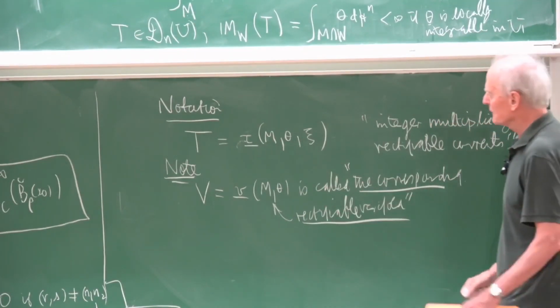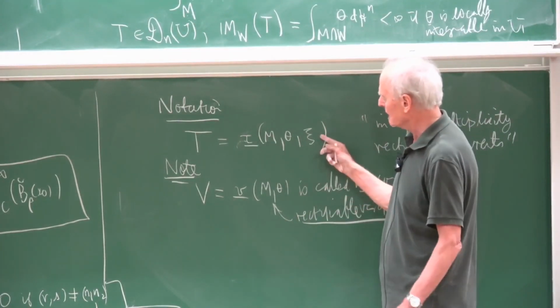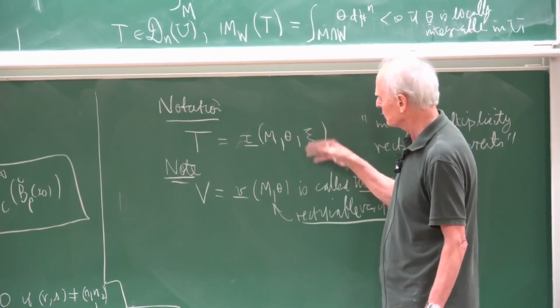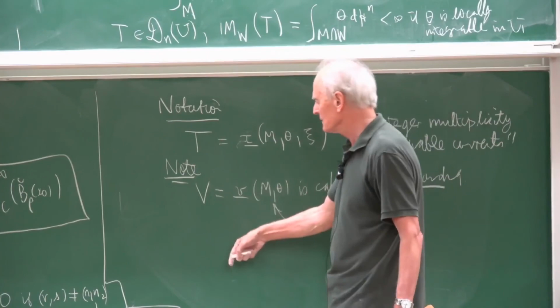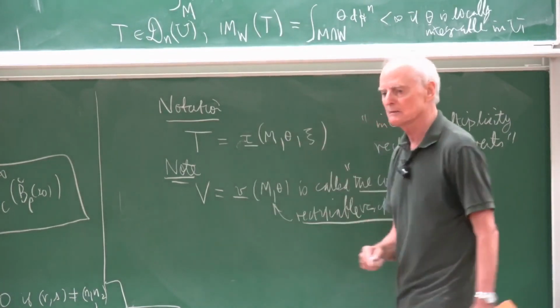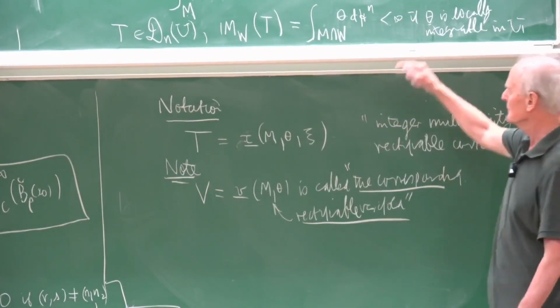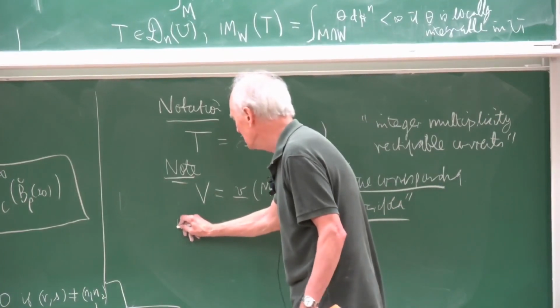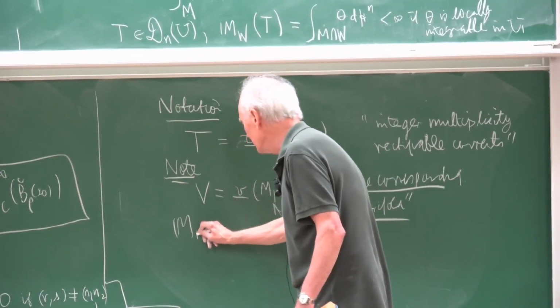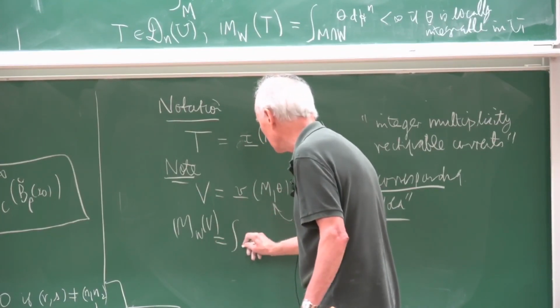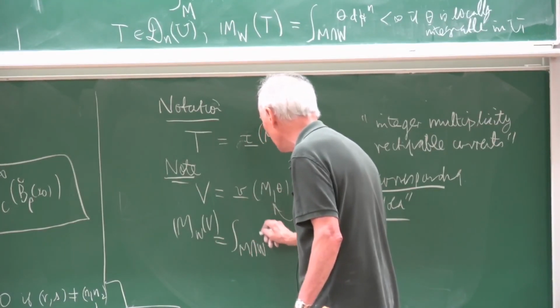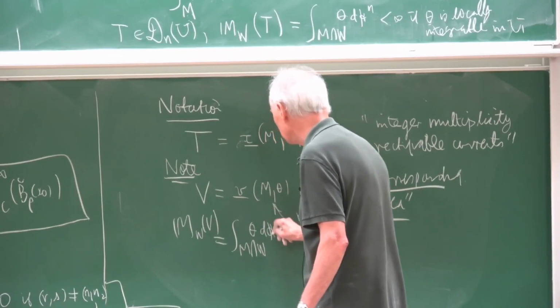So in other words, you start with a current, including an orientation, and you drop the orientation, then you're left with a varifold. And notice the mass of the varifold is exactly the same as the mass of the current. Both are equal. So the mass of the varifold in W is the integral over M intersect W of theta dH^n. It's exactly the same.